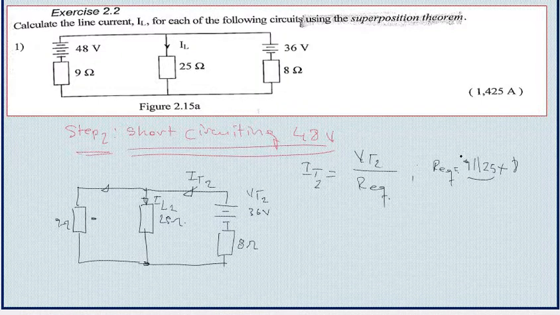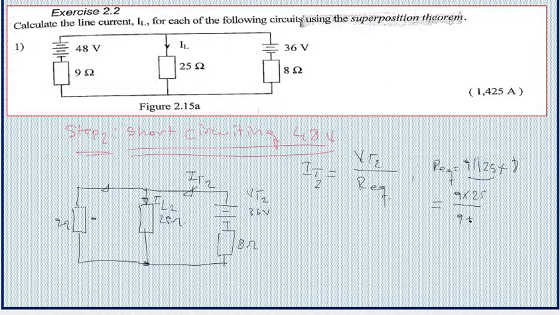So now I'm gonna simplify this. So that's gonna give the equivalent resistance of these two. I will first multiply these two, so I have 25 and 9, and then at the bottom I will add them.